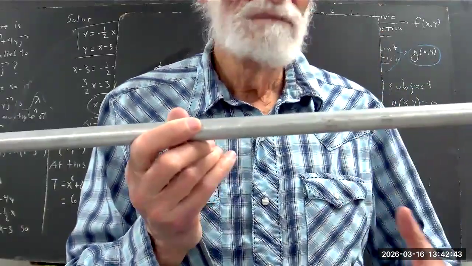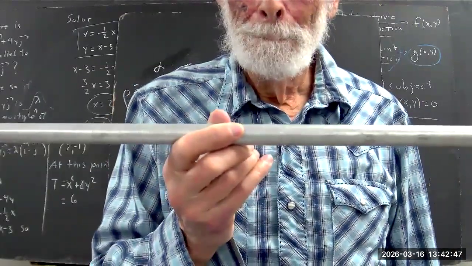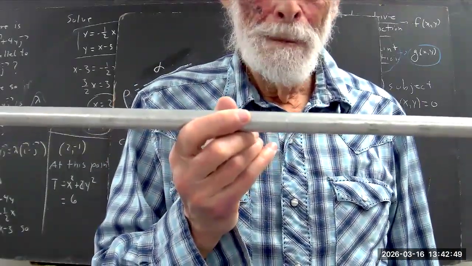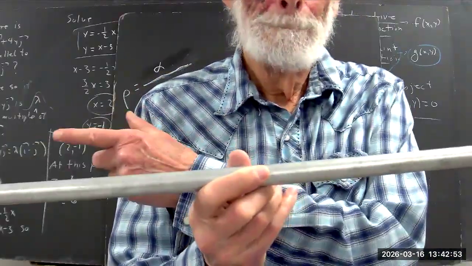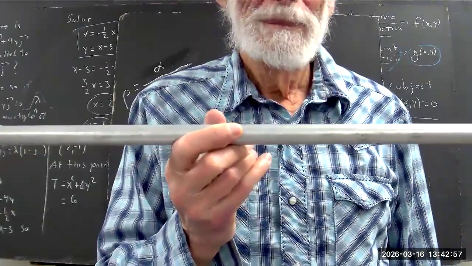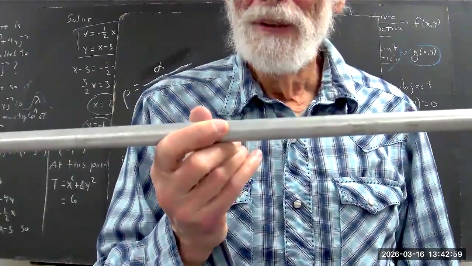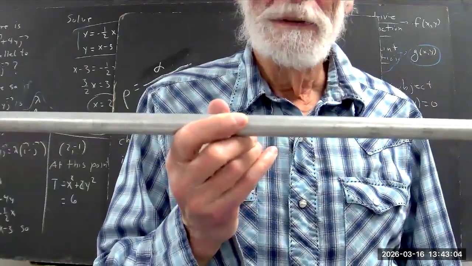But let's just say I have 4 microcoulombs. So how many microcoulombs is that per meter? Well, that's about 1.5 meters. Let's say I got 6 microcoulombs on it. So I've got 4 microcoulombs per meter. Fair enough?